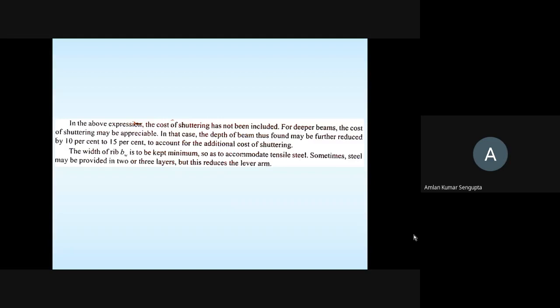Now, the cost of shuttering is important because these need to be transported to the site and erected, and this involves labor charges apart from the material charges. Hence, this point has been raised. In actual construction, it is not just section dimensions, but this another aspect, the shuttering cost, is also important.